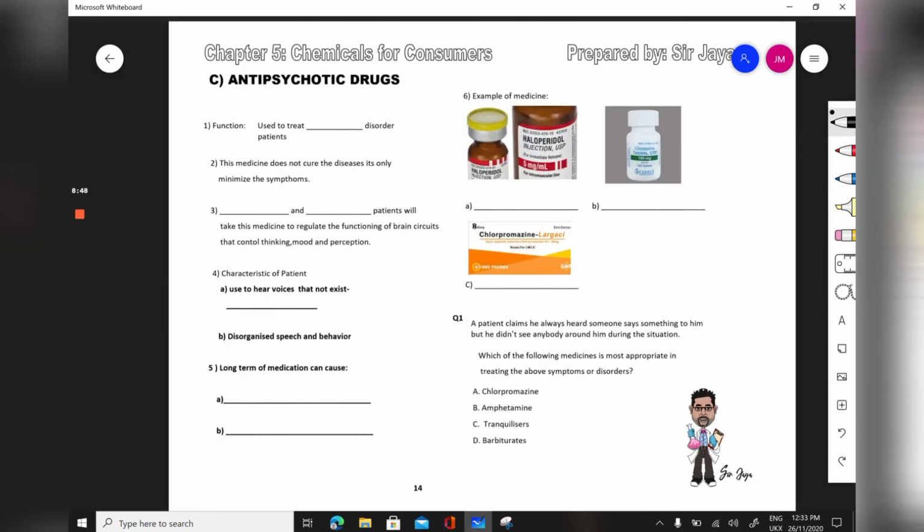Okay, we move on to the last example of psychotropic medicine, known as antipsychotic, and this antipsychotic is very important for SPM 2020.